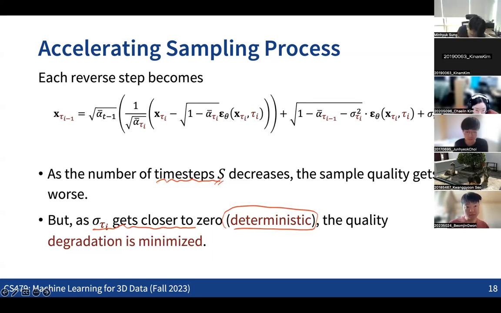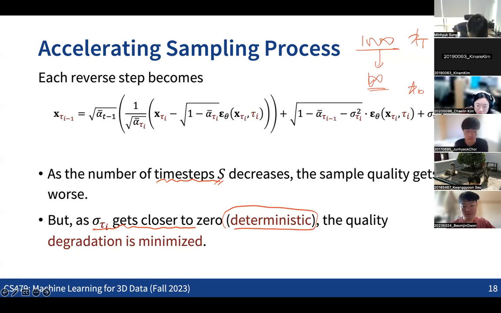So when you decrease the number of the time steps from 1000, for example, to 50, you make the reversibility process deterministic. There is not much randomness that we are adding over the process, right? Which means that if you take the x_t, then x_0 will be determined without any randomness.